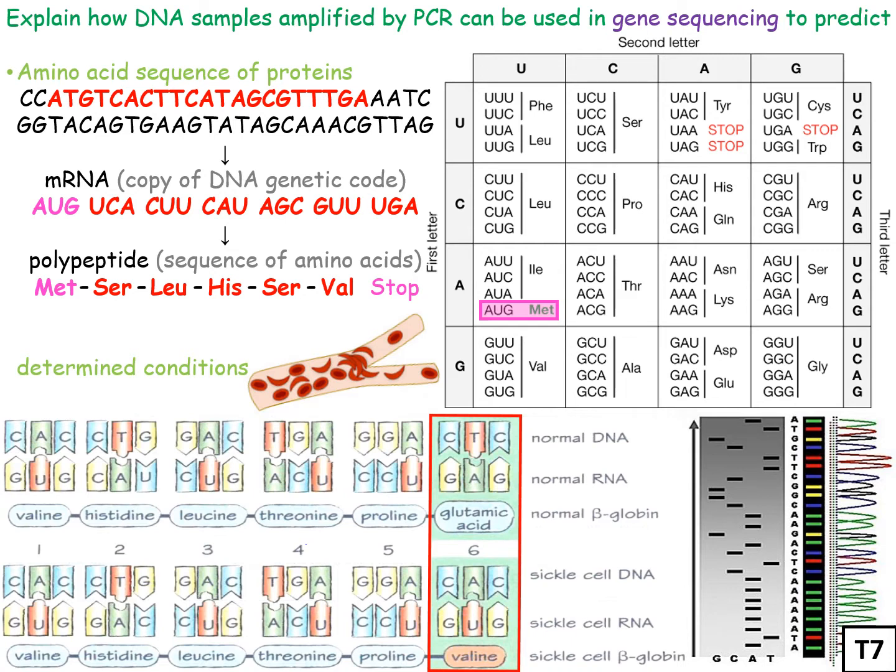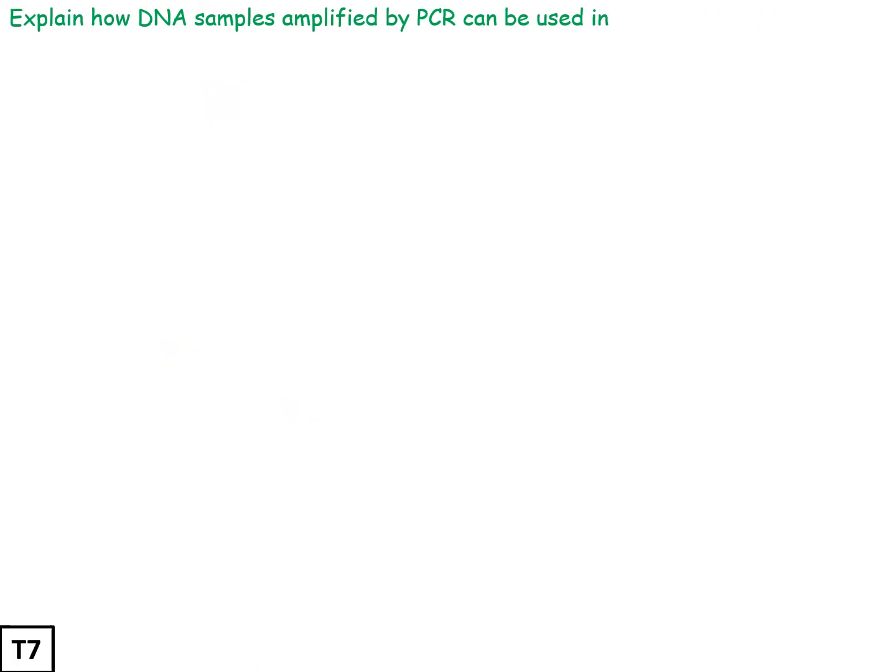So here a thymine substitution mutation substitutes for adenine in the DNA sequence. So effectively, gene sequencing can be used to predict possible links to genetically determined conditions such as sickle cell anemia by looking for mutations.